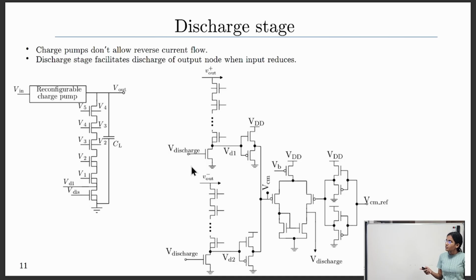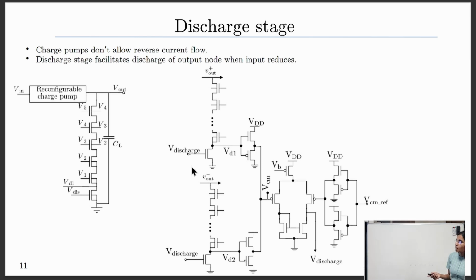The current through the discharge stage is always on, and the current flowing through the discharge stage is half of the forward current. So when the input is reducing, there is 2 times the discharge current flowing through the forward path from input to output, which will charge the output node, and when the input reduces, the output node will discharge with current I through the discharge path.